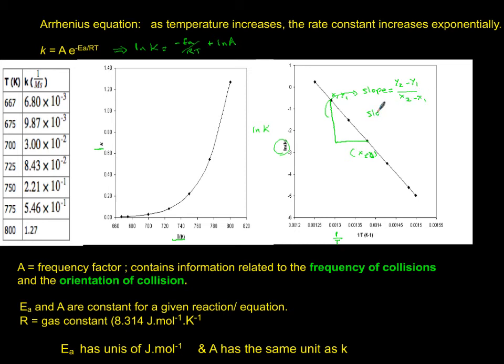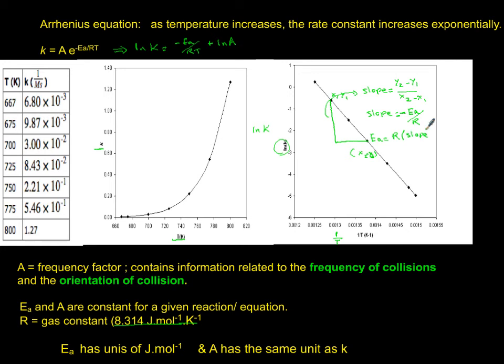Now what is your slope? Your slope is simply minus EA over R. Once you have that value, you're looking for EA. EA is nothing but R, your gas constant, which is 8.314 joules per mole per Kelvin, given in your data booklet, times minus slope.